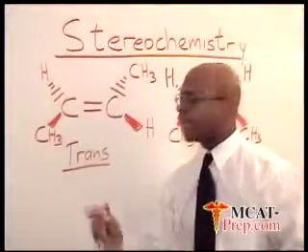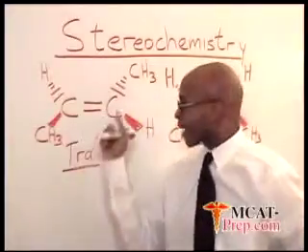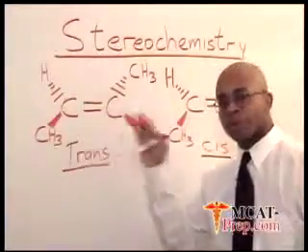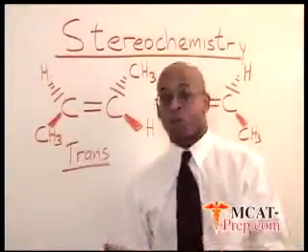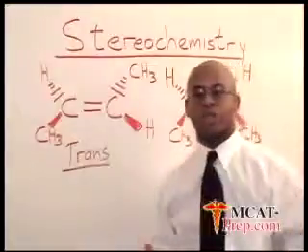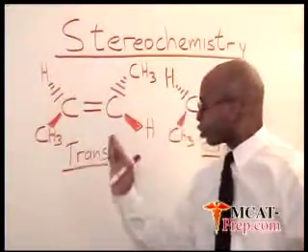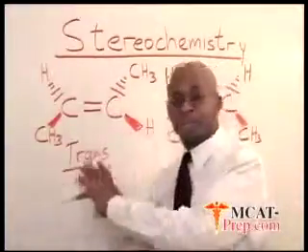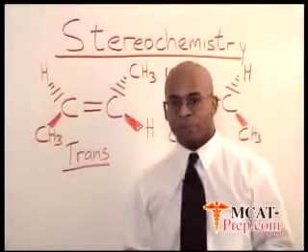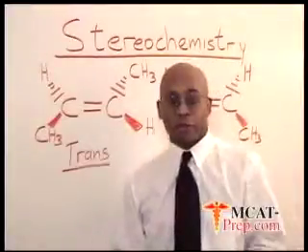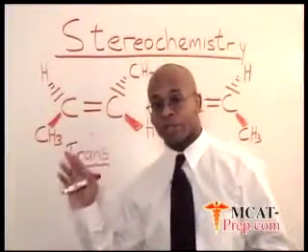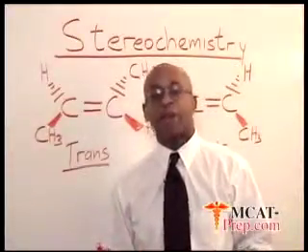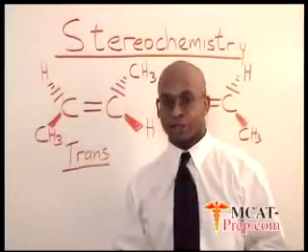By having the double bond, it prevents free rotation about this bond, and therefore you cannot go from the trans form to the cis form without a chemical reaction. It's not something that occurs spontaneously. So trans-2-butene and cis-2-butene are independent and have different properties because, although they have the same composition, the way that the molecule is arranged is different, and therefore these are 2 isomers.